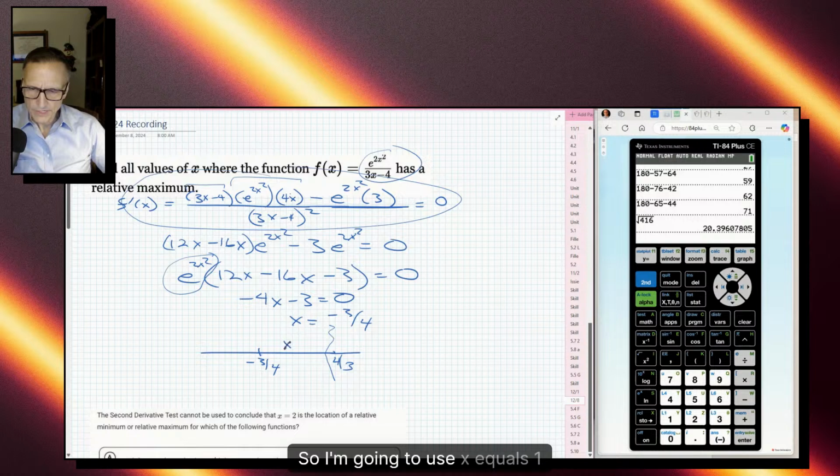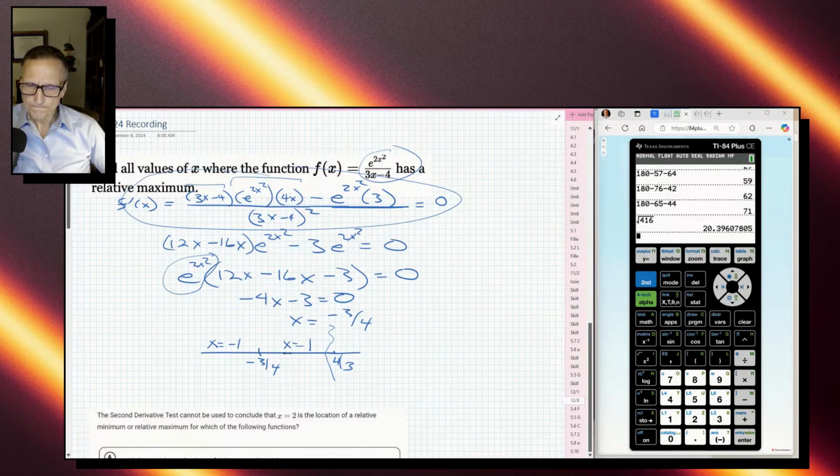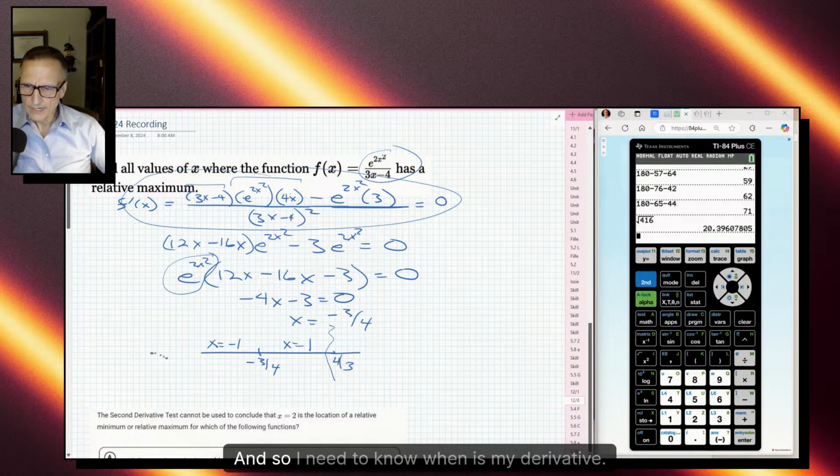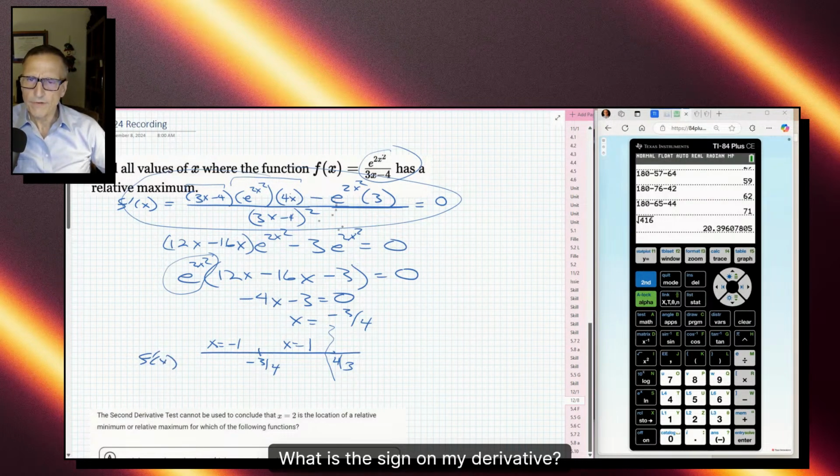Okay, so I'm going to use x equals 1 and x equals negative 1 for my two test points right here. And I need to know what is the sign on my derivative? Well, down in the denominator, it doesn't matter what x is. That's always going to be positive.